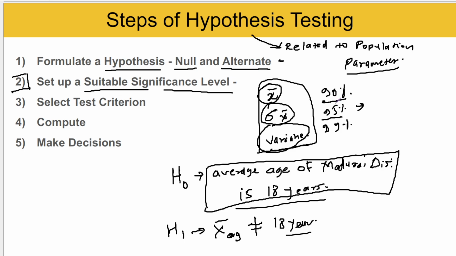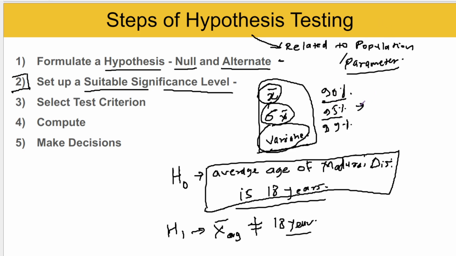But in some critical areas such as medical testing, where you want to test the coronavirus vaccine, you cannot say I'm going to test with 90% confidence, because it is very huge. If you give it to 100 people, 10 people might die. That risk you cannot take. So in that case, many people will use 99% or more than 99% confidence level.